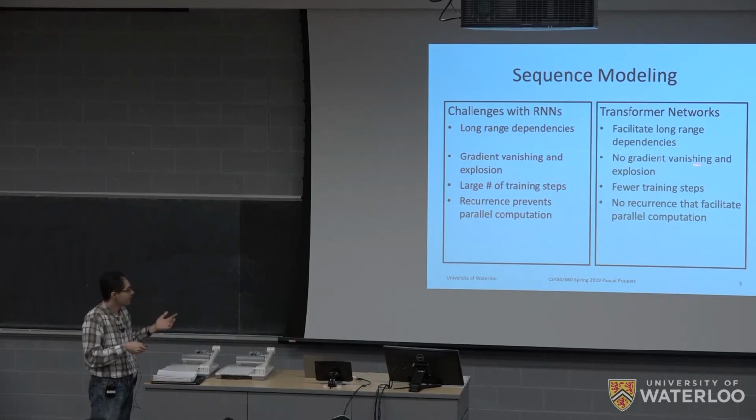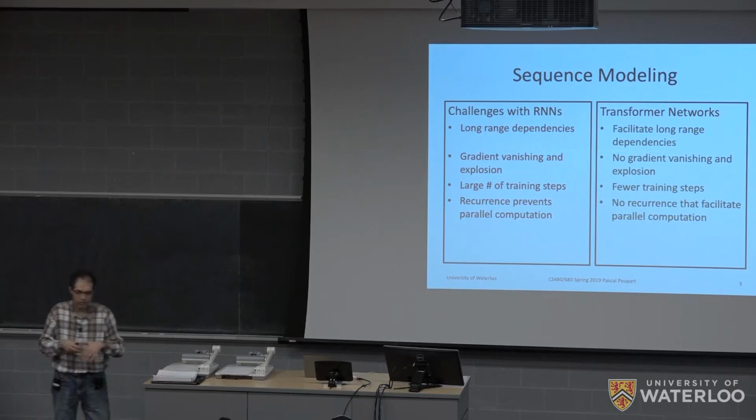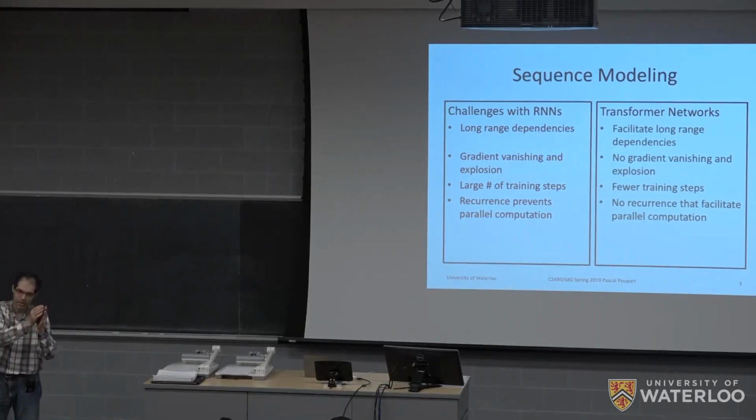Now, gradient vanishing and explosion will also not be an issue, because instead of having computation that goes linearly with the length of the sequence into a deep network as for a recurrent neural network, in a transformer, we're going to do the computation for the entire sequence simultaneously and then just build several layers for that, but there won't be so many layers in practice.